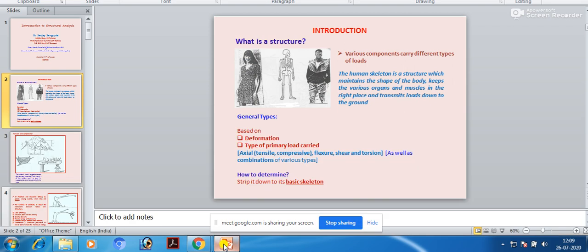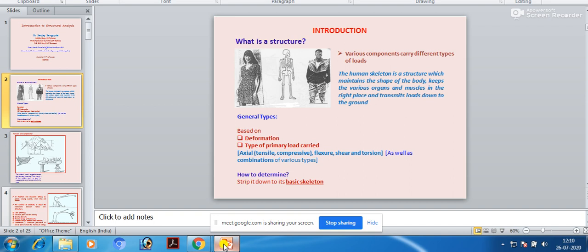So now you see, if you think about a civil engineering structure, and if you think about solid mechanics also, then you have studied beams, deformations, and all other things, right?